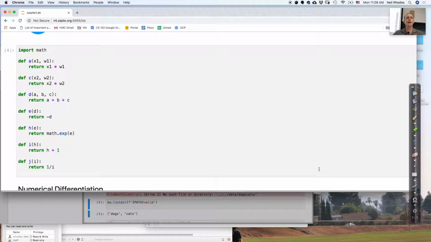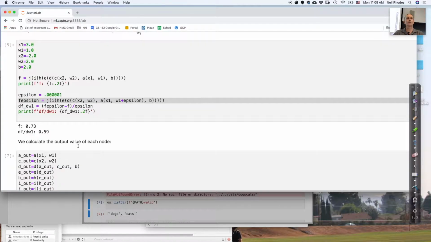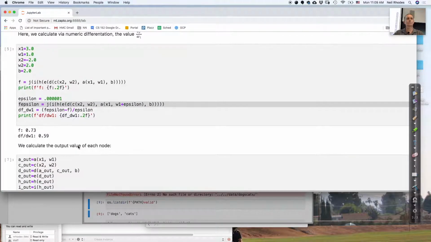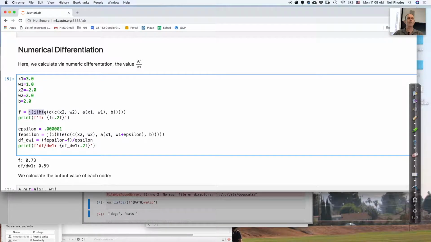Well, I basically gave labels for each of the nodes. I called them A and C and D. I skipped B because we already used B. And then I just said F is equal to J of I, of H, of E, of D, of C.